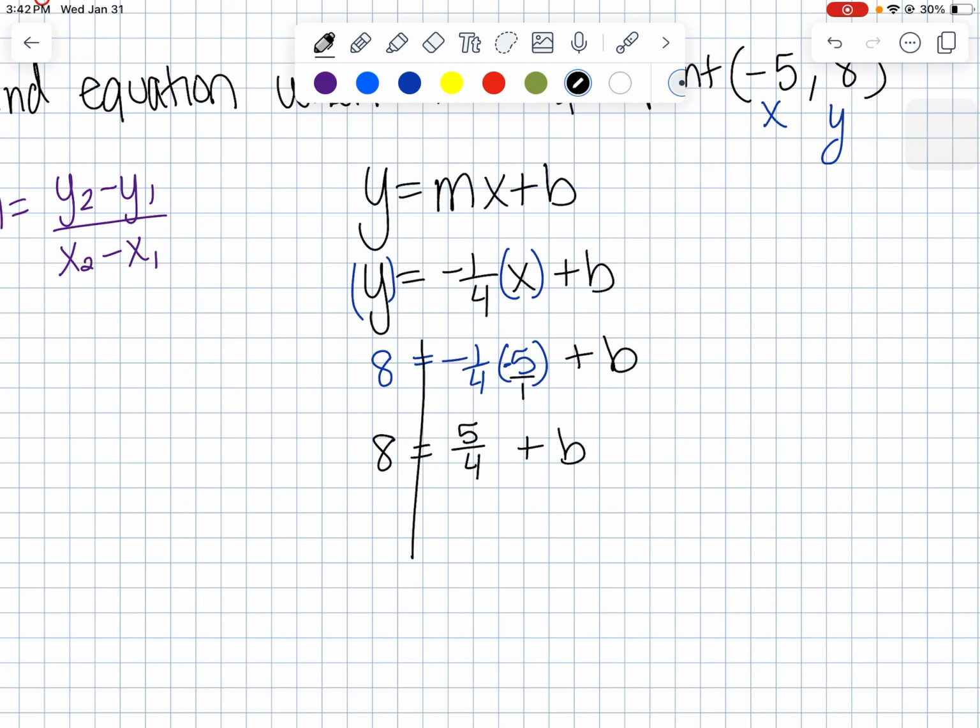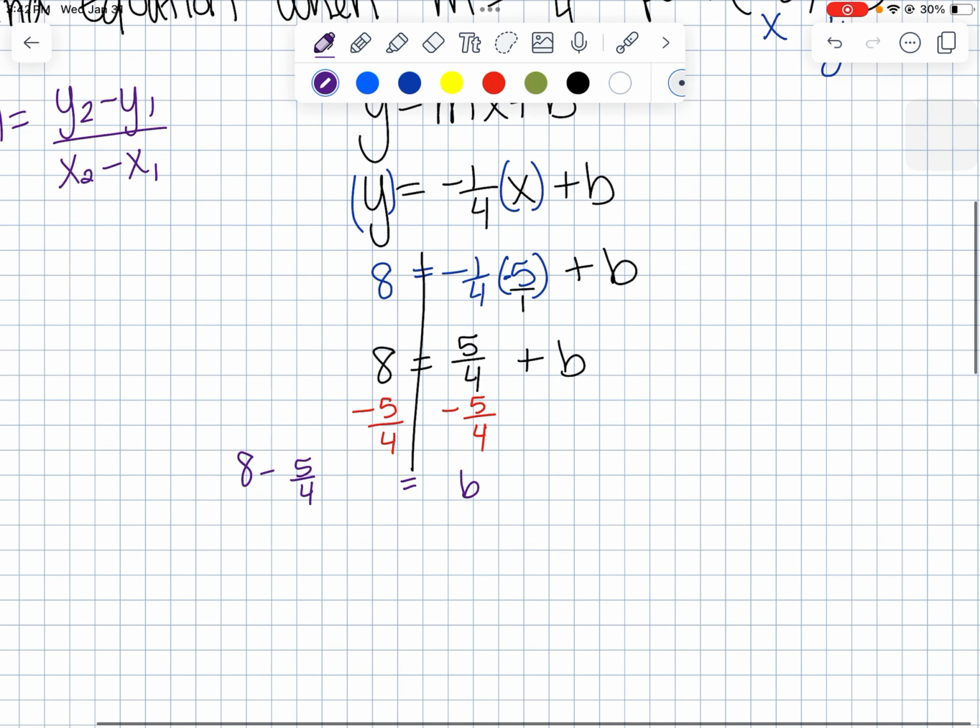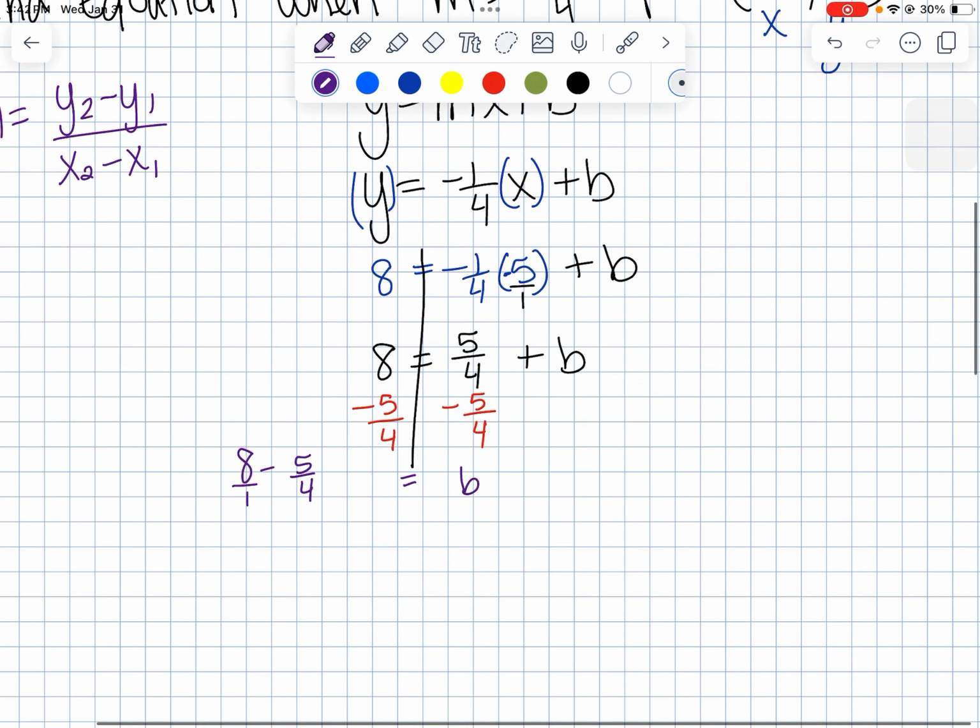Then it's 5/4 plus b, so you're going to want to subtract 5/4 from each side. And then if you're doing 8 minus 5/4, you will need a common denominator. That's going to be your b value. 8 over 1, I'm going to change that to fourths.